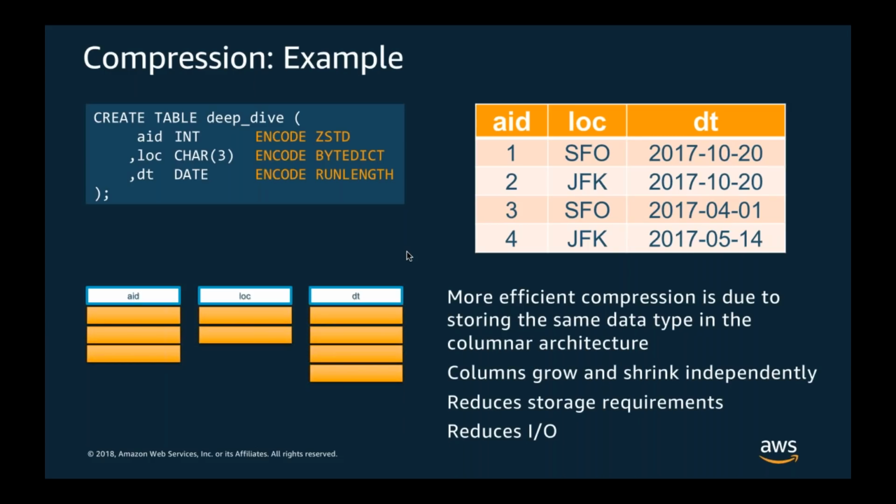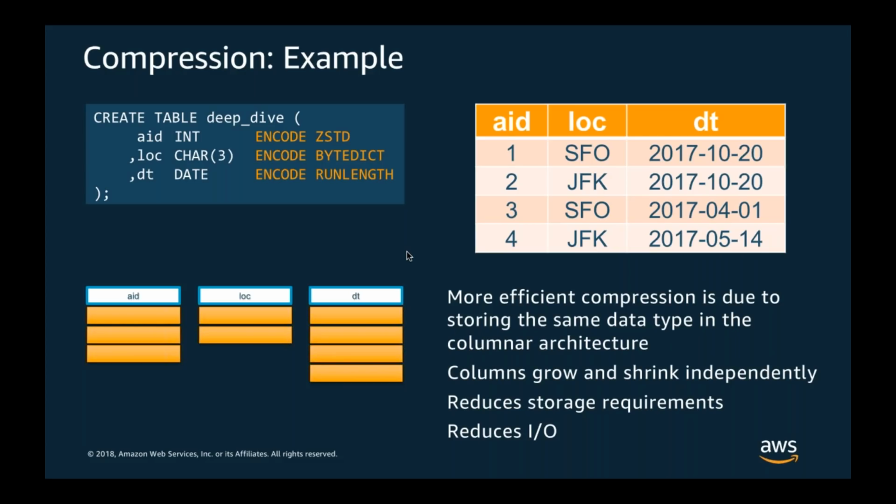Now, if you couple this with the columnar architecture, each column can potentially occupy different storage space because it's columnar, and each can benefit from its own compression encoding. Now think about this on a row-based storage. If you apply compression, because a block contains multiple columns of a single row, the compression encodings will not work equally for all of the columns.